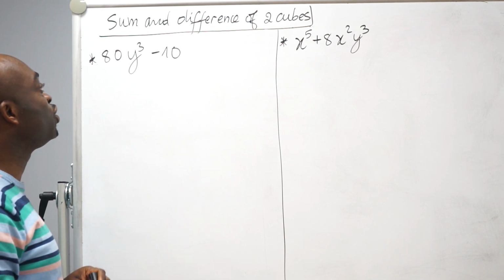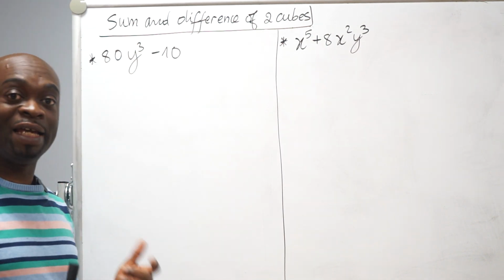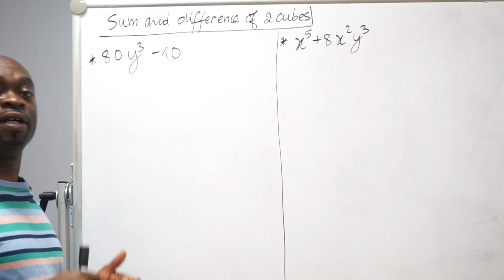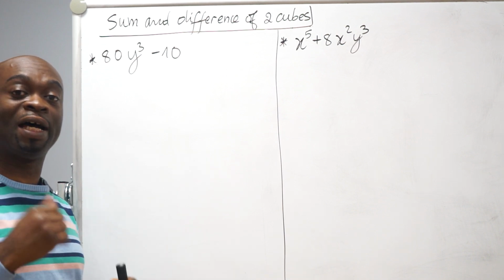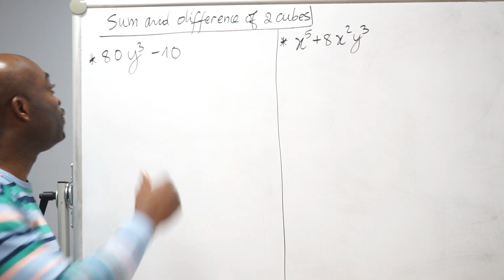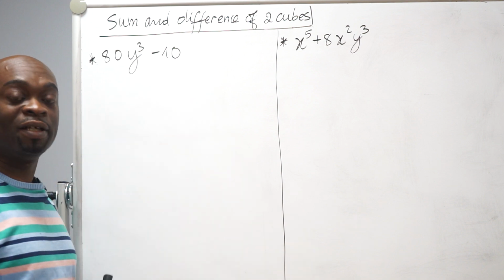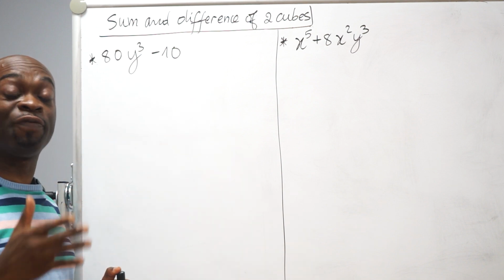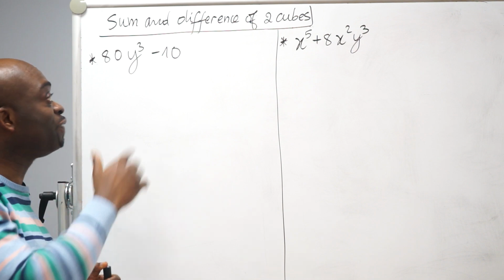Now, the first question to ask is, if you take 80y to the third power, is 80 a perfect cube? Is there any number that can multiply itself three times to give you 80? No. What about 10? Is there any whole number that can multiply itself three times to give you 10?